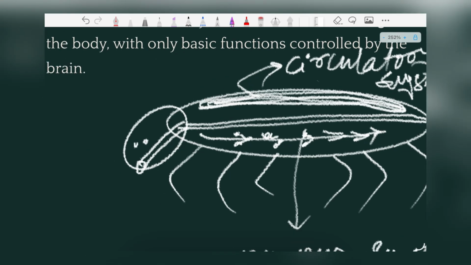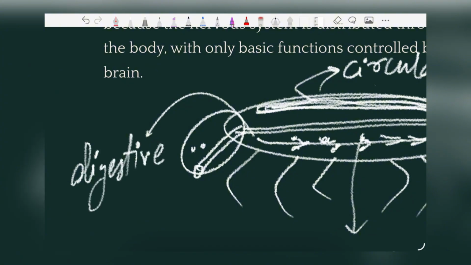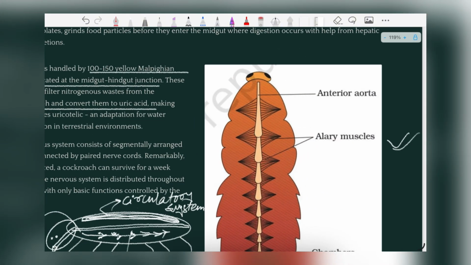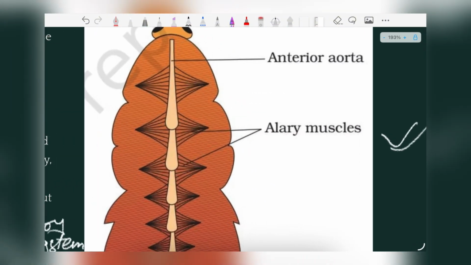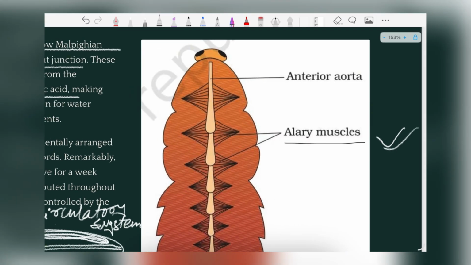And this is the digestive system. Okay, so these are the alary muscles that coordinate the flow of hemolymph.